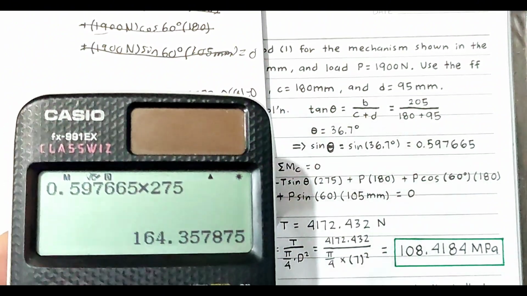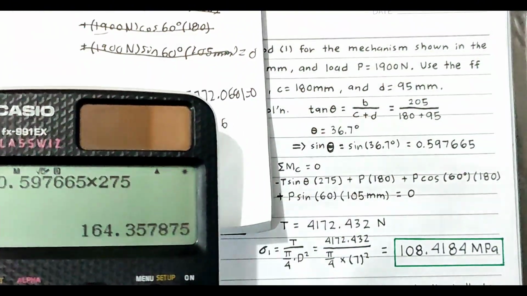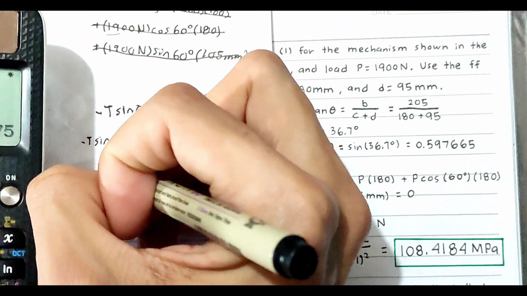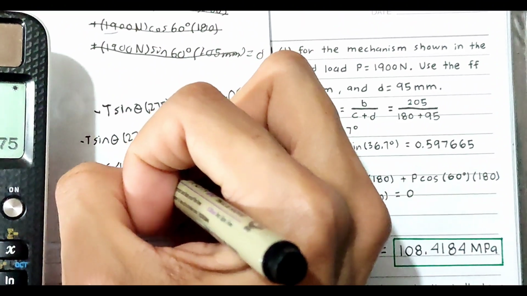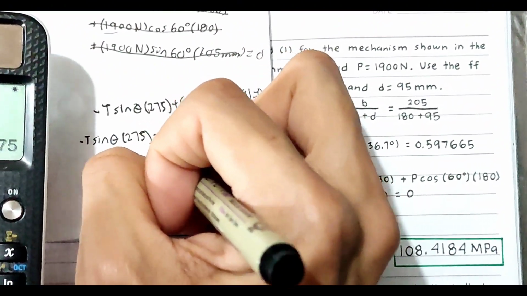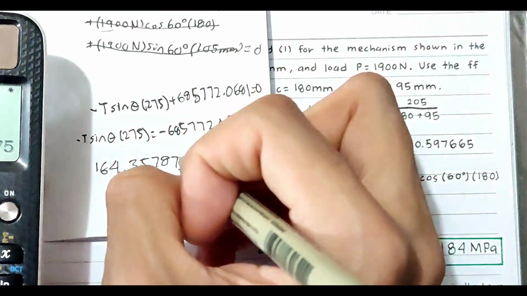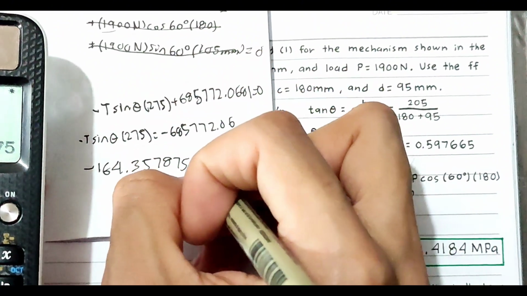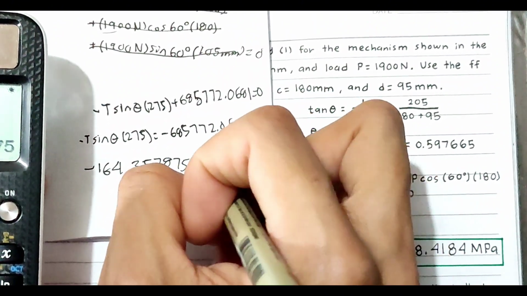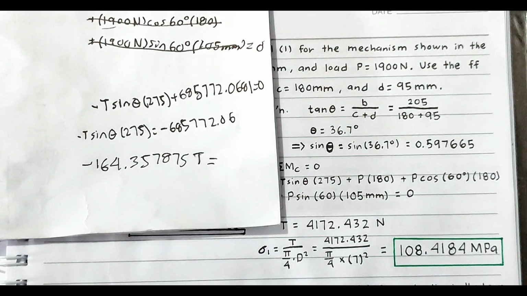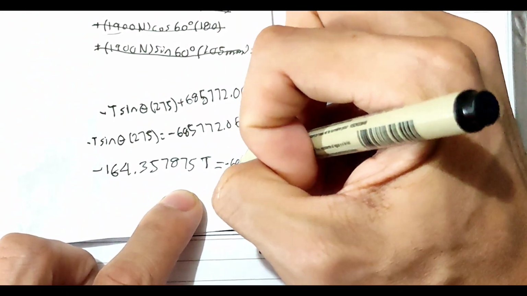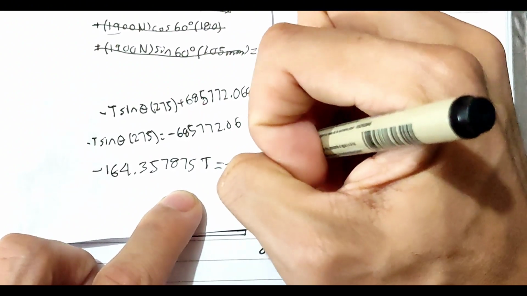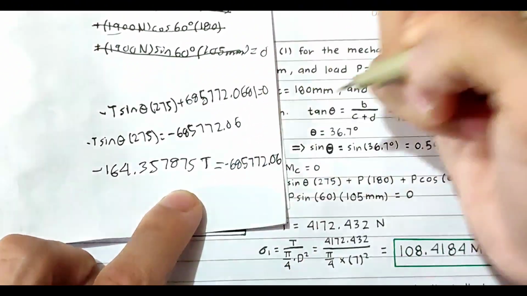So we get this coefficient for T, which is 164.357875, negative of T equals, still bring this down, negative 685,772.06.